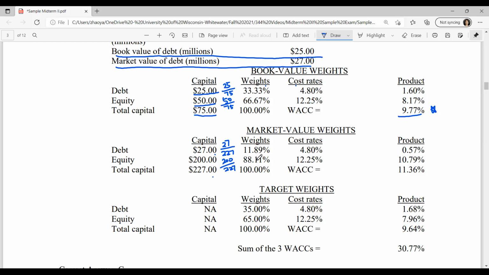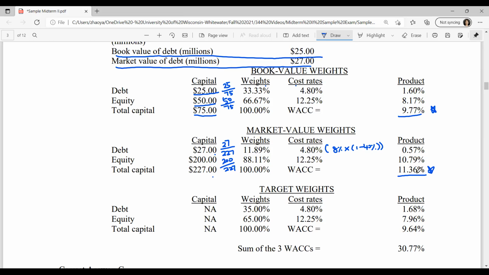It's 88.88%. Cost of capital again, after-tax cost of debt is 4.8%. After-tax cost of equity is 12.25%. Remember this 4.8 is 8% times 1 minus 40%. Multiply weight times cost and sum it up, that's the WACC calculated based on market value.